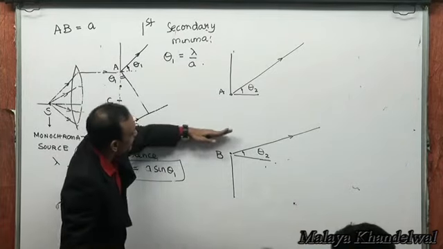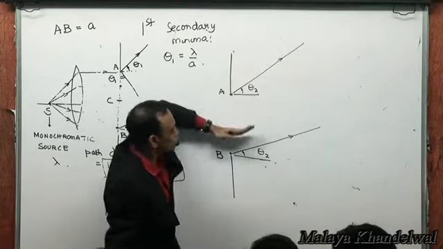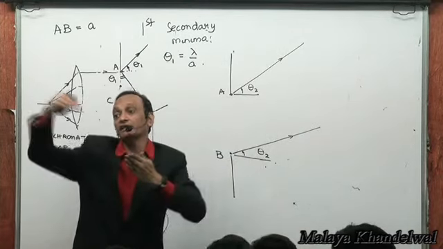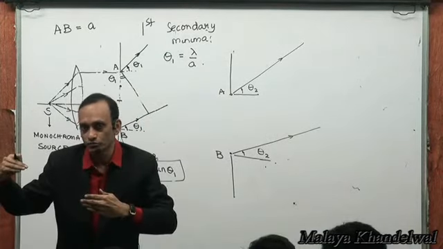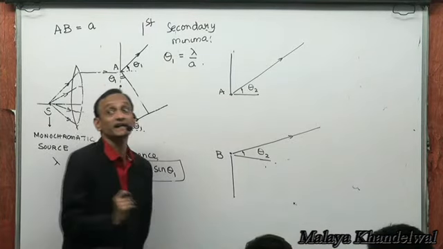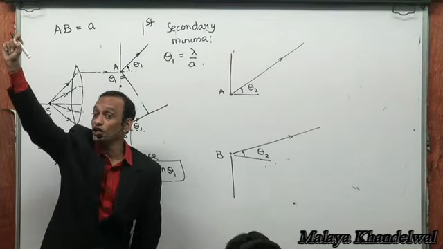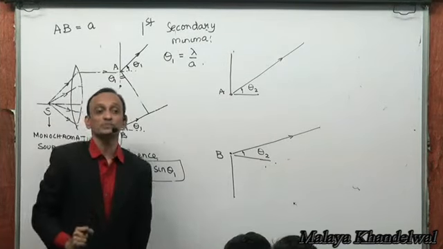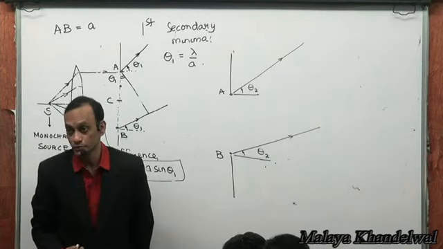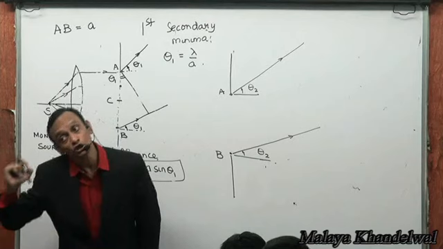All points between A and B would produce rays parallel to theta 2, that means at an angle theta 2 with the original direction, right? Now I select theta 2 in a special manner. I select a point P on the screen with theta 2 satisfying a certain condition. I'm talking of a certain point P for which theta is theta 2.